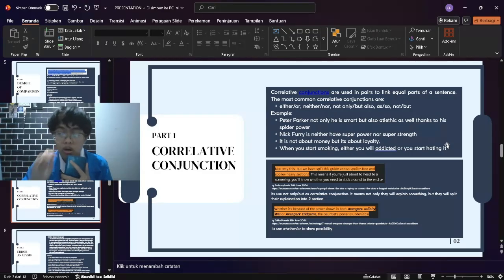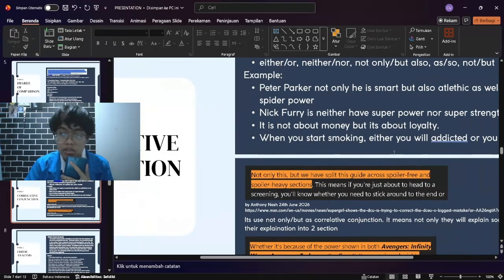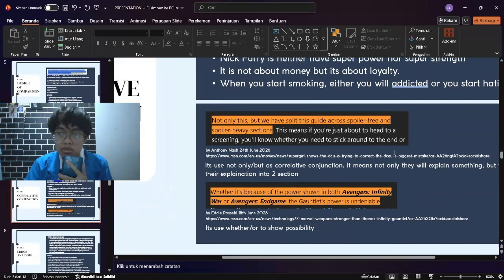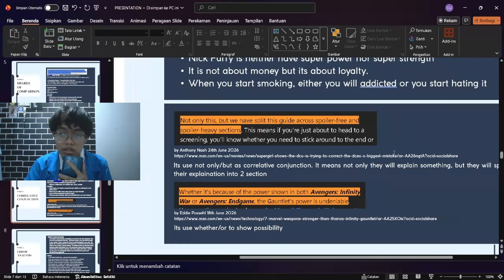I think I can zoom in, right? Yeah. So there is another real-life example that is commonly used. The first screenshot says, "Not only this, but we have split this guide across spoiler-free and spoiler-heavy sections."